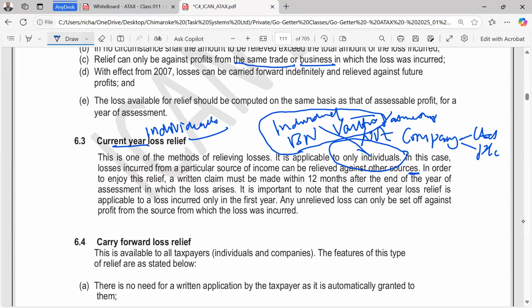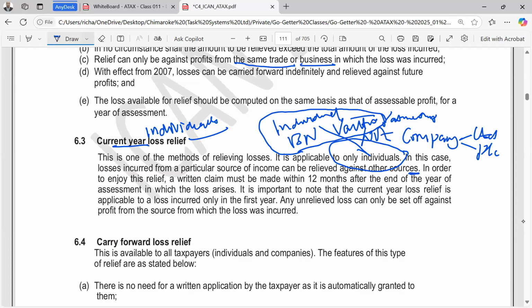In this case, losses incurred from a particular source of income can be relieved against other sources. Like the example we gave before, you have 3 businesses as an individual. You have trading under a business name. You have a farm, where you carry on agriculture. You also have rental income, all under a business name. Now, you made a loss from your trading.